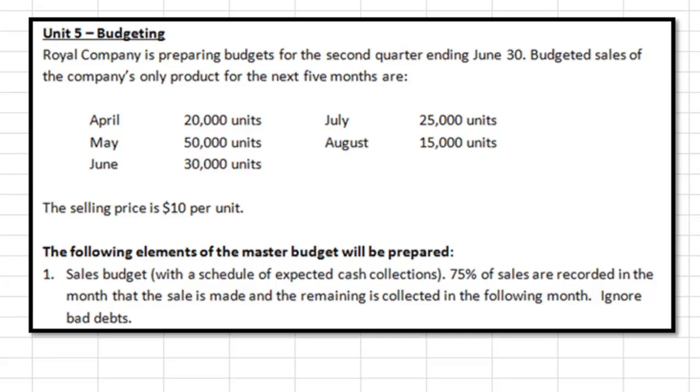For this example, Royal Company is a manufacturing company, and we're going to prepare the sales budget. We're going to prepare a production budget, direct materials, direct labor, overhead, finished goods, and then turn all of that information into a cash budget, a budgeted income statement and a balance sheet.